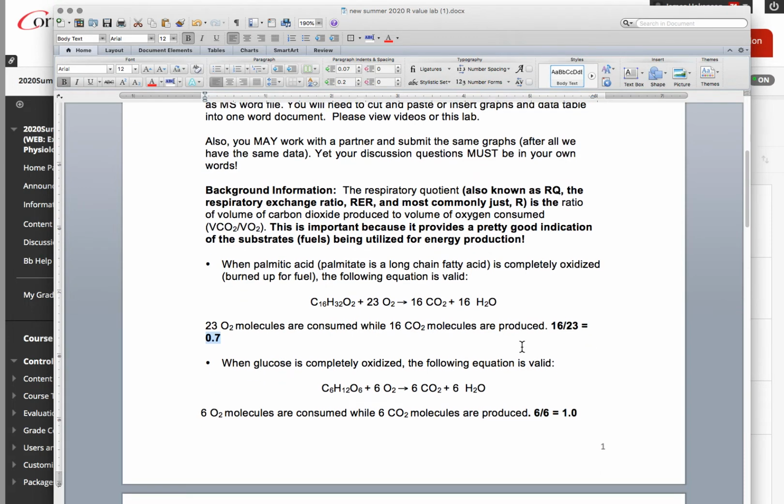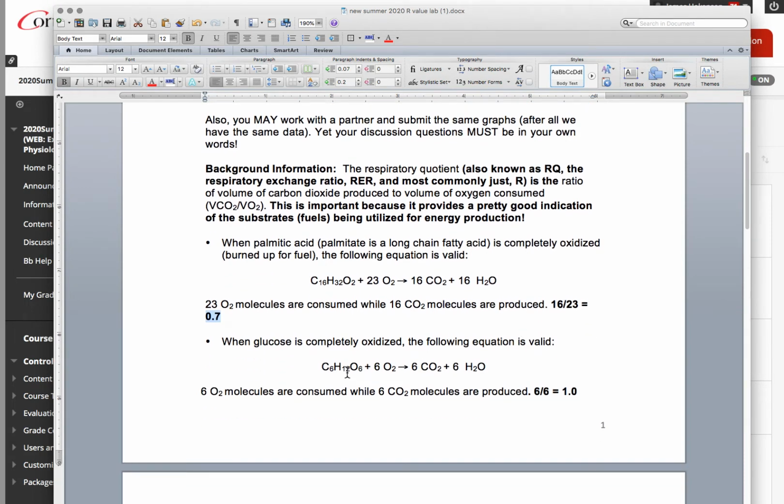Great. Let's take another example. And you know this chemical formula, which is a formula for simple glucose. Glucose is C6H12O6, and it takes 6 oxygens to completely burn or oxidize that glucose, and it produces 6 CO2s.